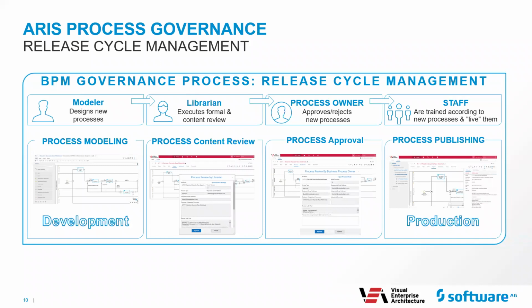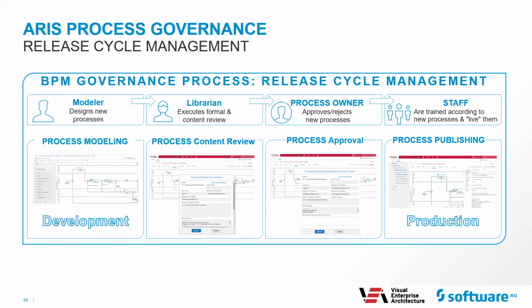The librarian receives a notification, and that notification has the task in it. So the librarian would open up that task and review the process model. They're looking at the process model from a process content perspective.